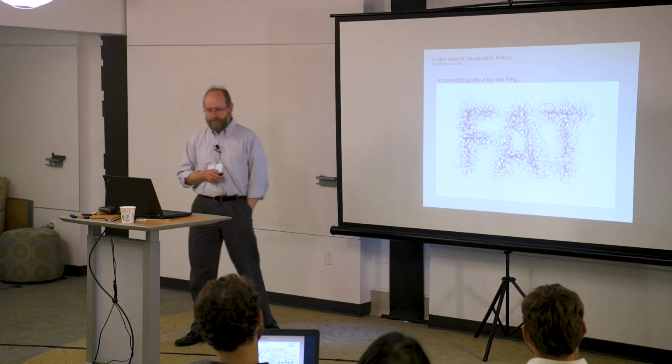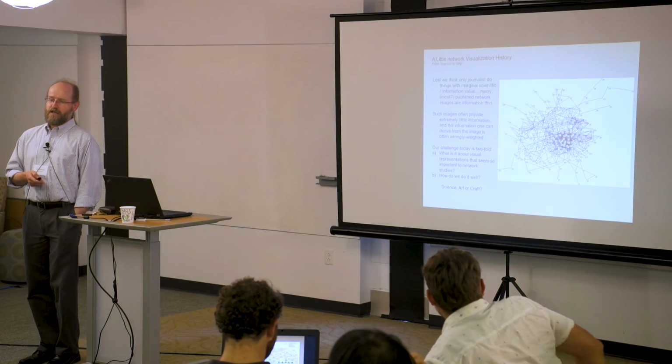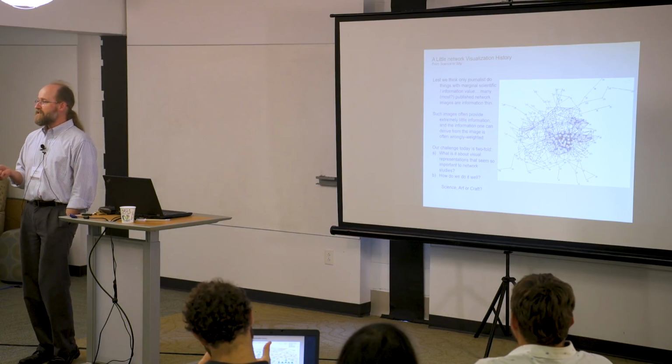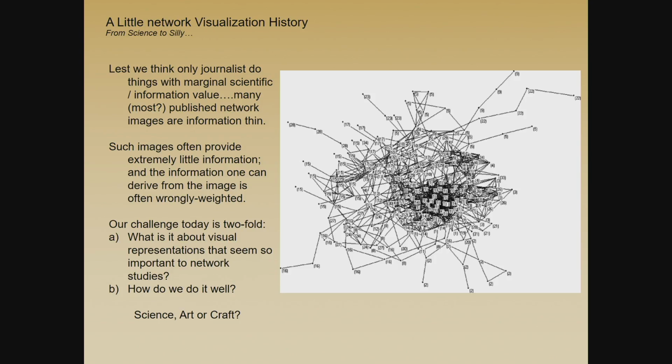And of course, unless we think that journalists are the only ones that make bad network images, you can find a bunch of these kinds of awful hairballs in the published literature, right? So this is an actual graph showing something in a network in a published paper. And if you can interpret anything about this that's meaningful, it's surprising. And so they end up becoming Rorschach tests as to whether or not there's something here. Maybe I can squint and see a cluster. Maybe there's some people on the edge.